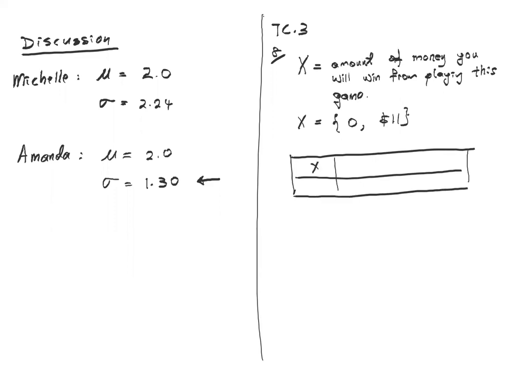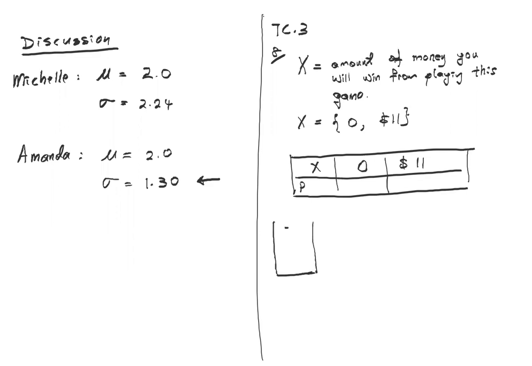There is my X, 0 or 11. Okay, the probability is based on the color that you get. Correct? So you have a box.